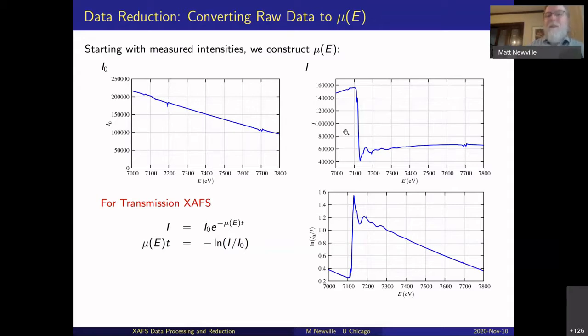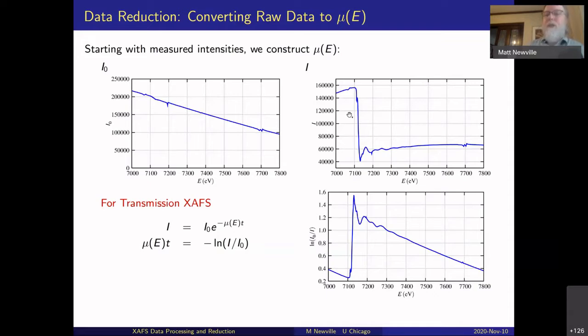These intensities or voltages or currents that came out of our ion chamber might be scaled differently. We might have just amplified them differently. So these values by themselves aren't very meaningful, but the difference, that jump from 0.2 to about 1.2, means that the edge step is about one log unit of intensity.